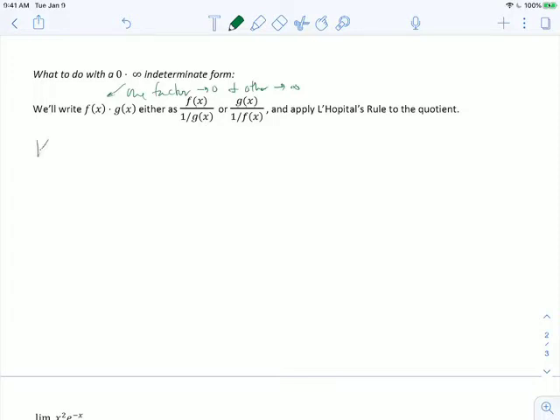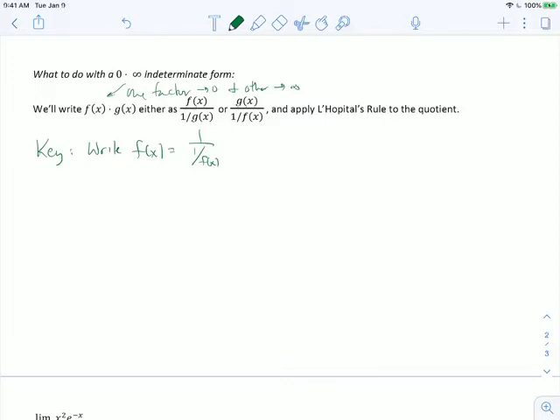So the key is to write, say, f of x as 1 over 1 over f of x. Possibly we might write g as 1 over 1 over g of x, in which case it's going to depend on the way the function looks whether we're going to flip the first factor or the second factor.